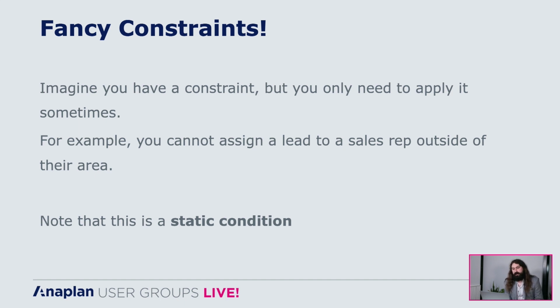Now what you notice about this formulation is that the condition is static. The lead and the rep and their location is not determined by the model, the assignment is. So this means that if we have the criteria by which we want to exclude the constraint from the problem outside of the determination of the problem, we can actually model that in Anaplan and we can get Optimizer to drop those constraints out of the problem.